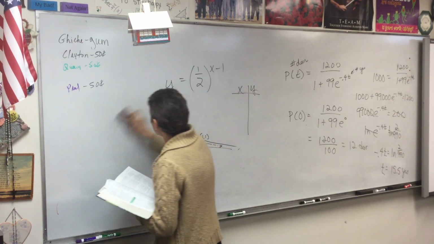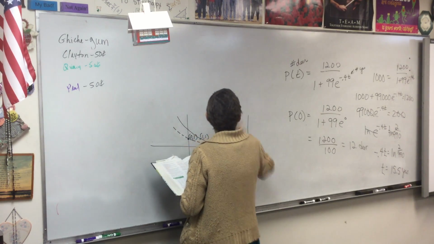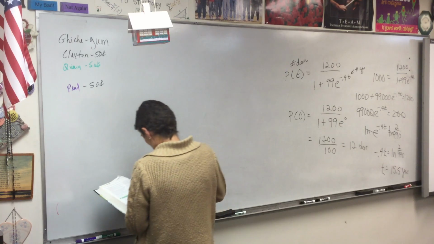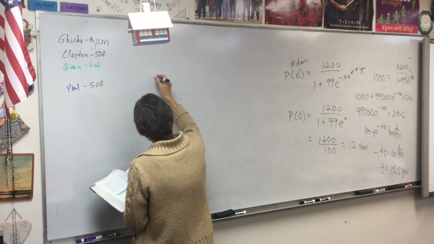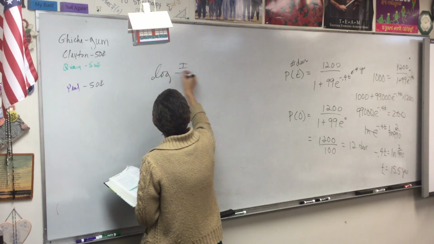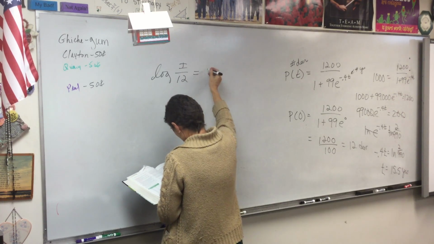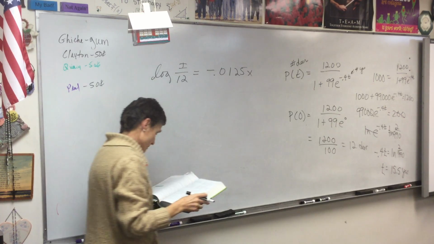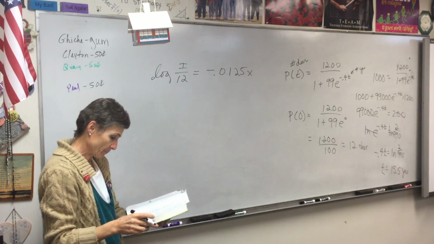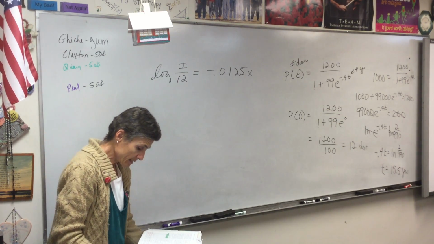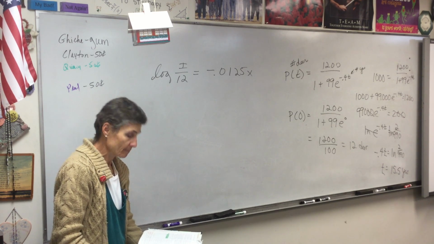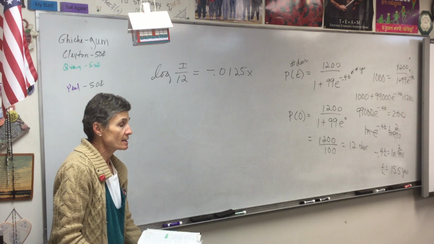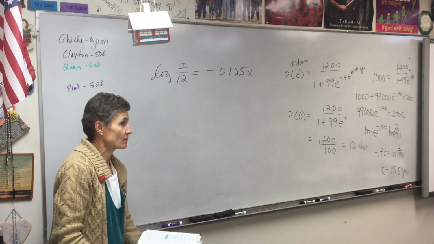Okay, and then number 20, same page, but number 89. Again, they give you a formula to use, so you don't need to worry about that. Number 89. Okay, so this gives me the light intensity at a depth of x feet.